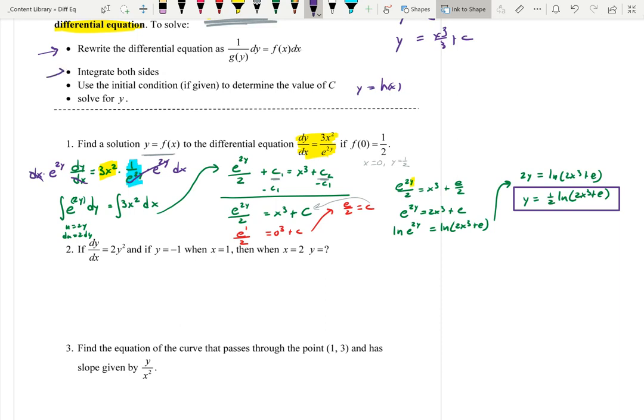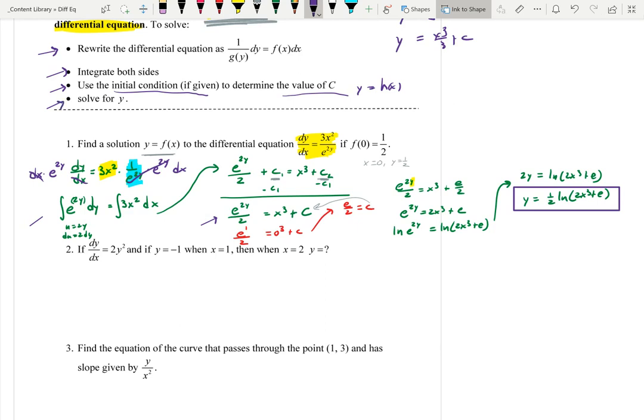Step 2, integrate both sides. So that's what I did right there. Step 3 is to use the initial condition, if given, to determine the value of c. So that's what we did right here. And then your last step is to solve for y.